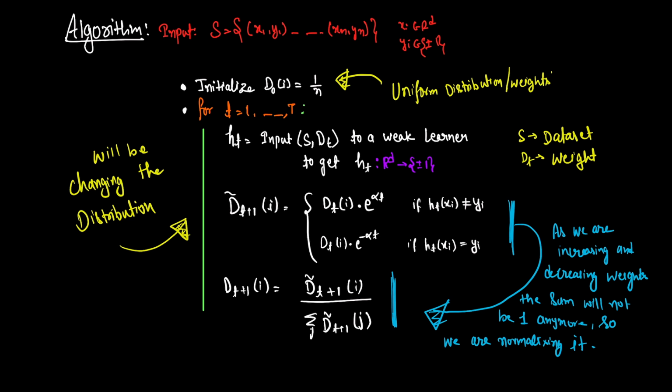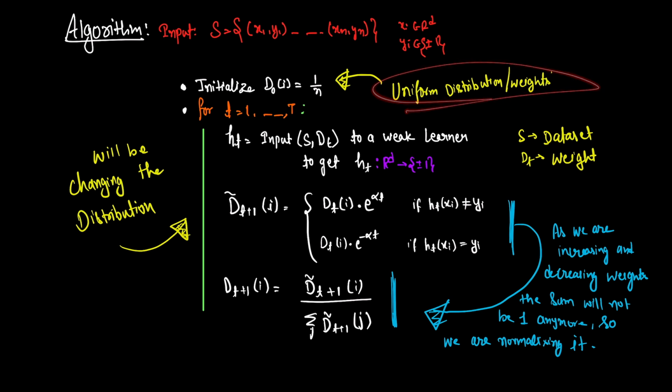How does it do this? Basically, D_{t+1}(i) is equal to D_t(i) times e raised to alpha_t if h_t(x_i) is not equal to y_i, and D_t(i) times e raised to minus alpha_t if h_t(x_i) is equal to y_i.